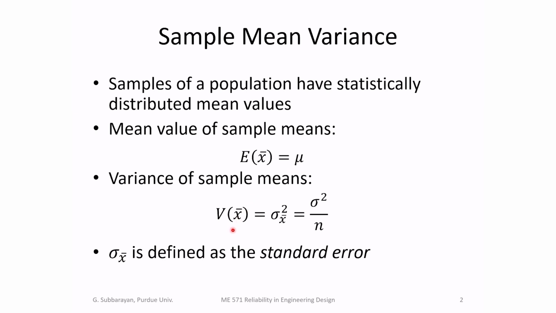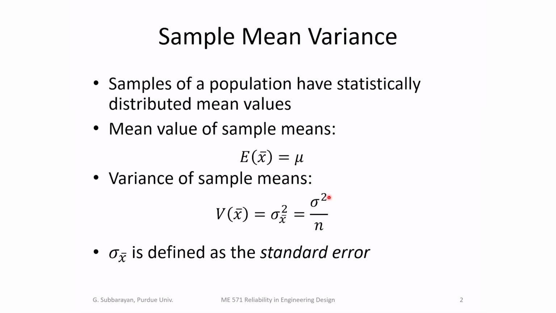And similarly, the variance of the sample means, which is the distribution of these sample means, is denoted by sigma sub x bar squared, and that's sigma squared over n. And sigma here is the population standard deviation.